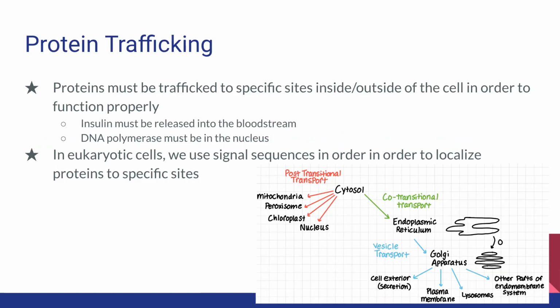In eukaryotic cells, we use signal sequences in order to localize these proteins. To give you an idea, proteins that are going to stay in the cytosol will not have any signal sequence in their primary structure, but proteins for the endomembrane system will, but I'll get into that a little bit more.